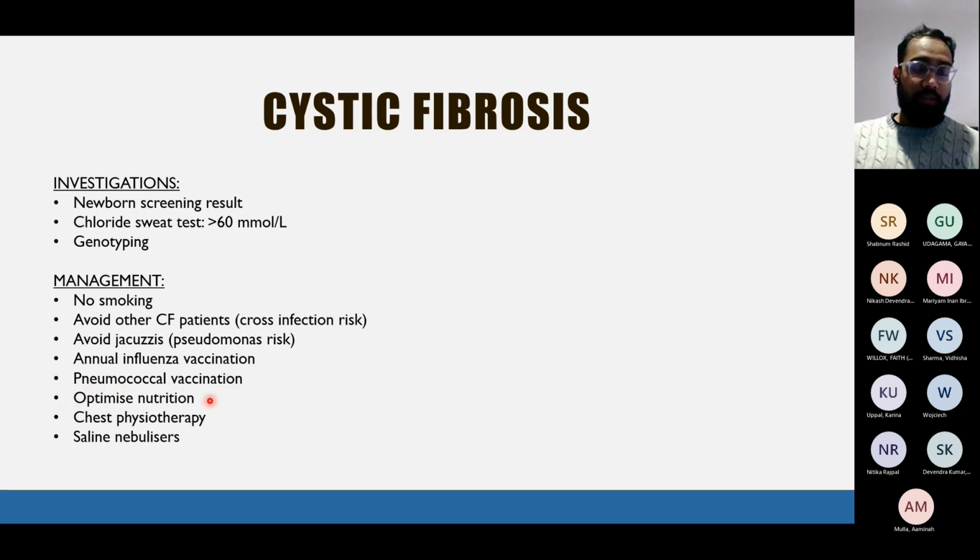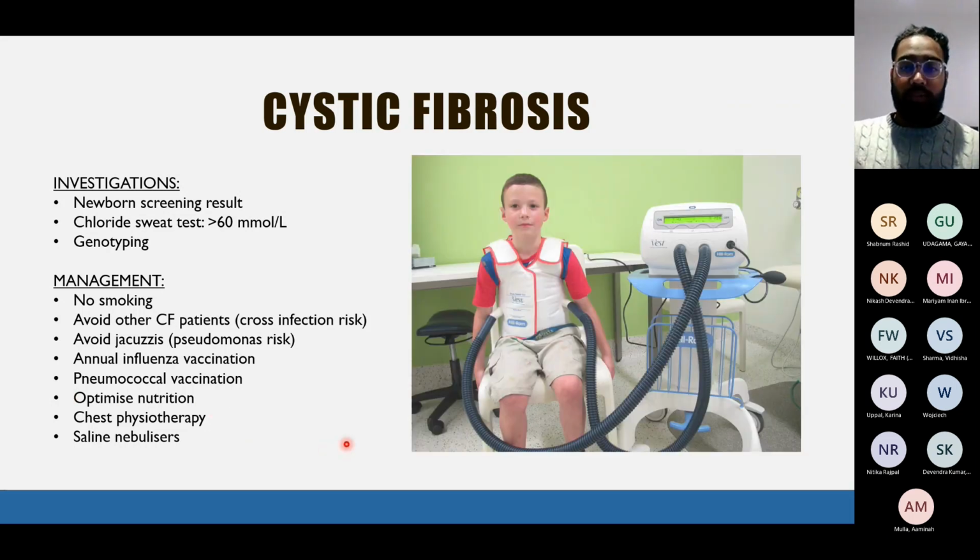And there's loads of studies to show that nutritional optimization can really help cystic fibrosis symptoms. So focus on that. Then chest physiotherapy, which is this. So what this kid is having is that vest which he is wearing, it oscillates really quickly at a high frequency, and it helps to dislodge that sticky mucus.